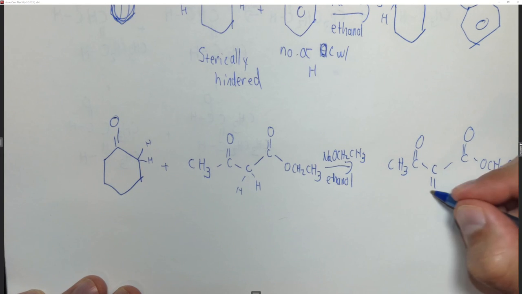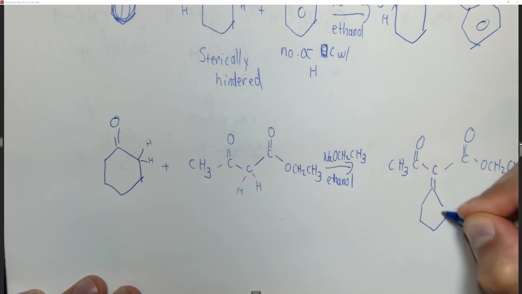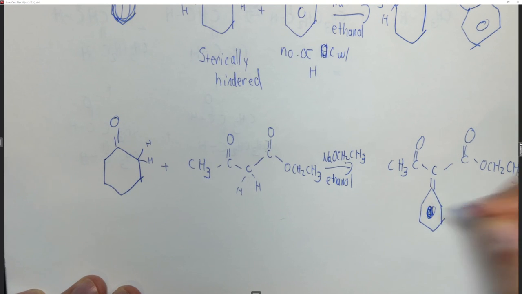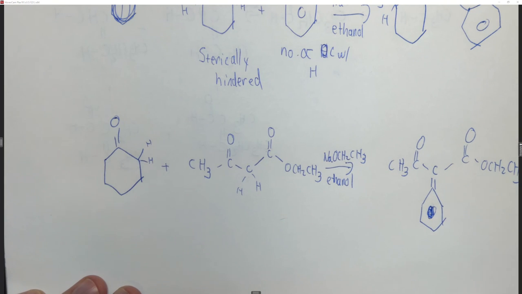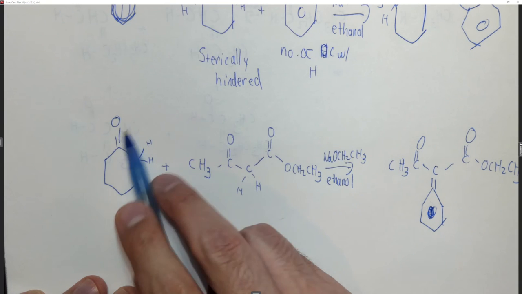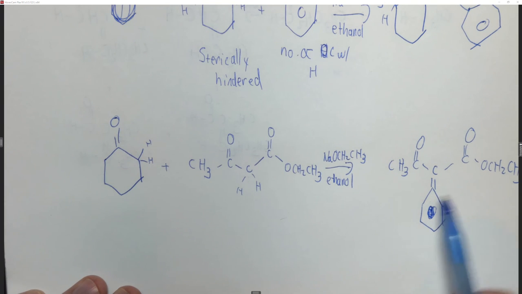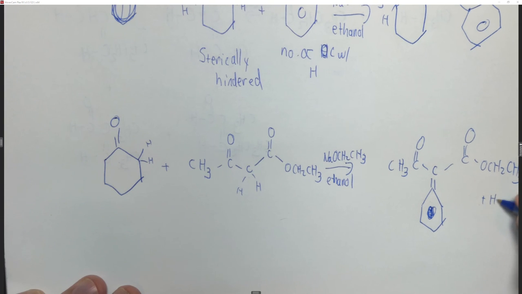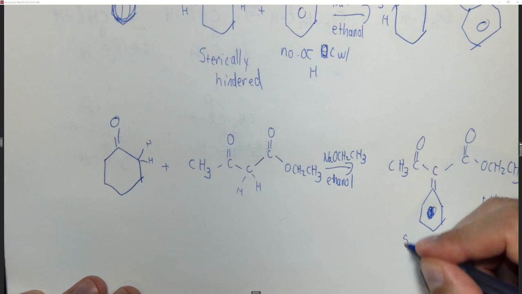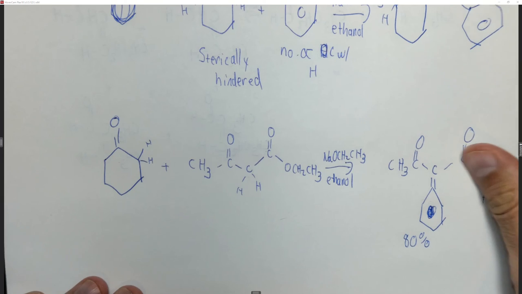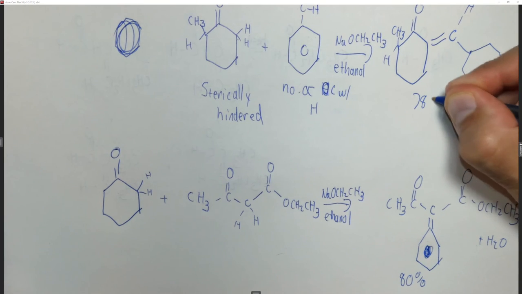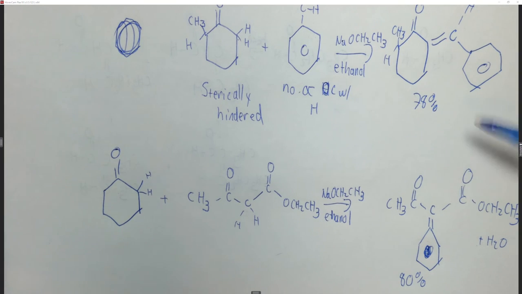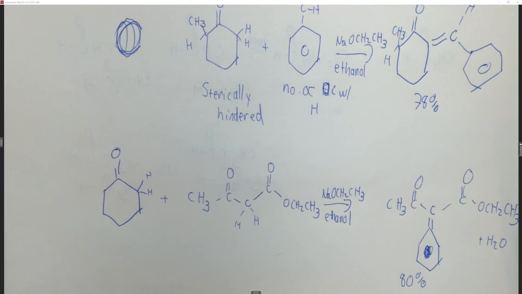So we get a double bond to the ring. All right, and no, that's not a benzene ring, so it shouldn't have this in the middle. Of course, it can't be benzene and have a carbonyl group on it. So this is our major product. Water is the byproduct, and we get this in about 80% yield. Just for your curiosity, we get this in about 78% yield. It's about the same. So that is basically how this is working.